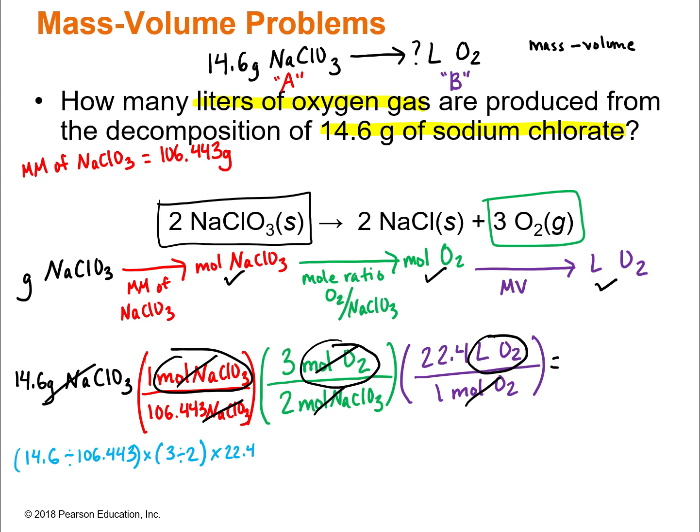And do use parentheses to keep things together and have the correct order of operations. When you do all the calculations, you end up with 4.61 liters of oxygen gas.